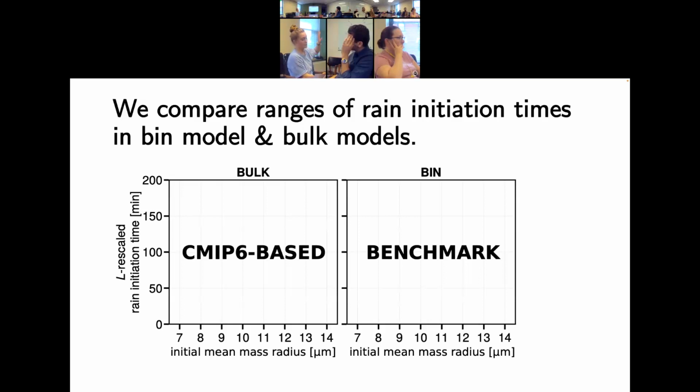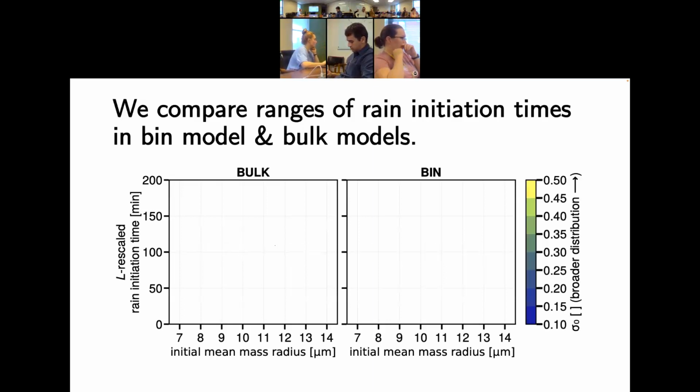And here, to be able to plot things visually, we rescaled, basically removed the dependence of the amount of water that's present in these simulations based on math. And so basically you can just scale this time depending on how much water you have.